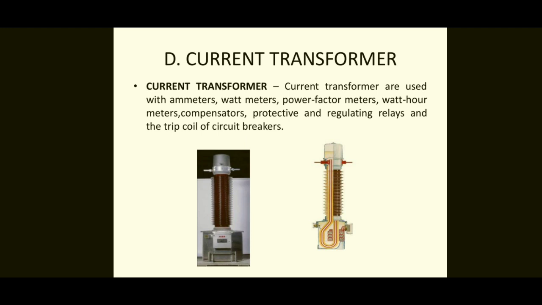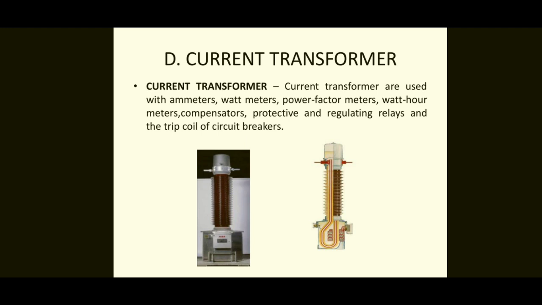In potential transformer, two types are present: step up, step down. In current transformer, the primary side has 1 or 2 turns and the secondary side has a number of turns.